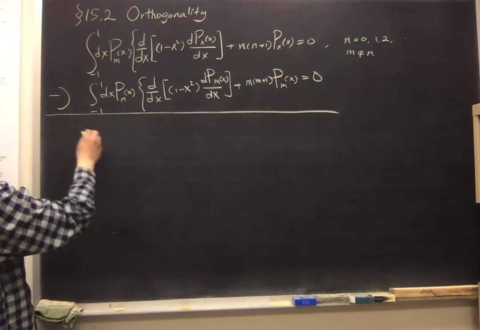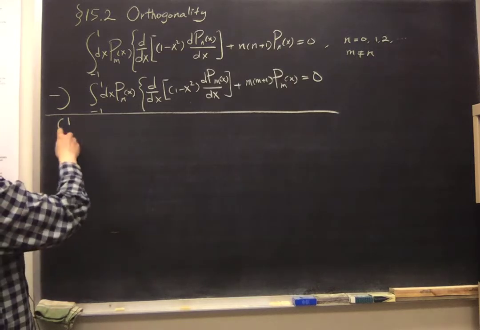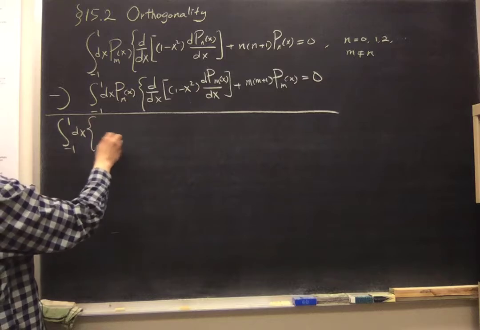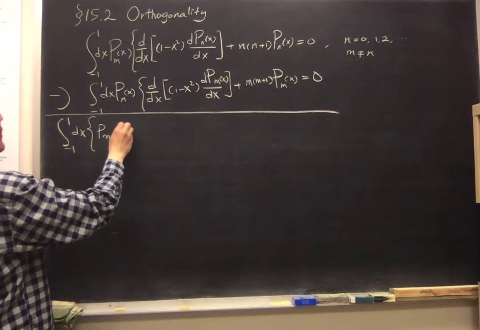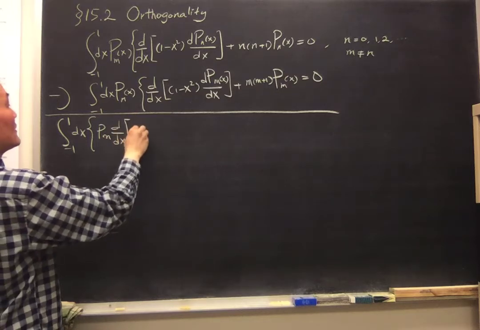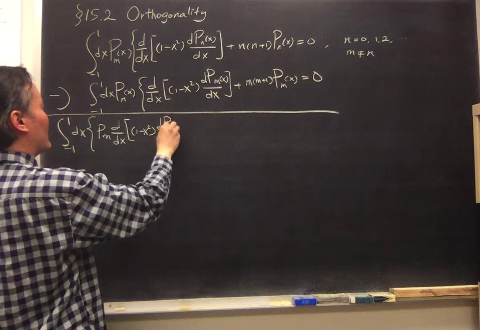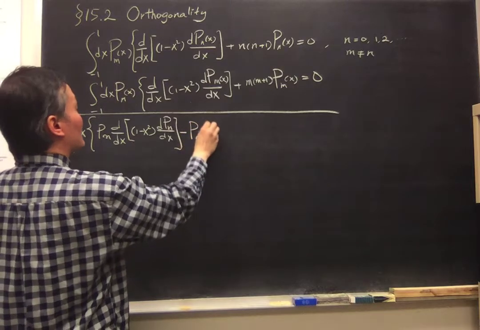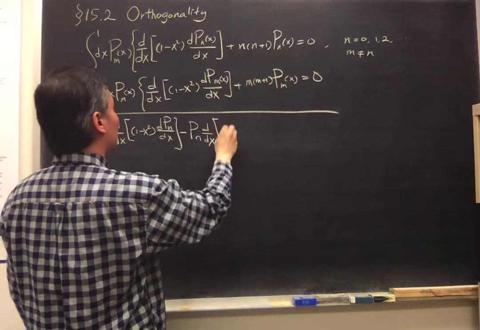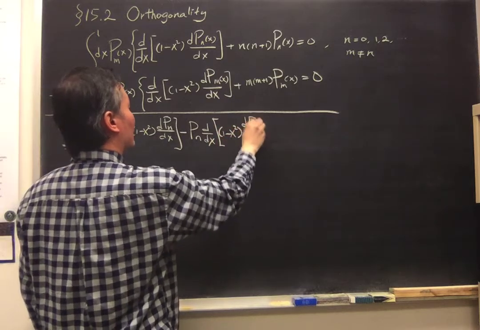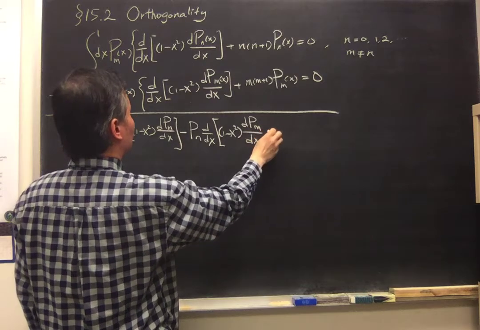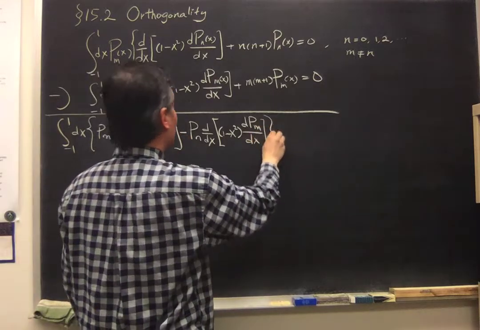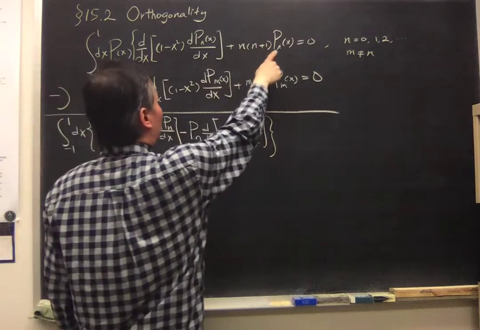We'll write it like this: integrate x from minus 1 to 1, and then you have P_m times d/dx of (1 minus x squared) dP_n/dx, minus P_n d/dx of (1 minus x squared) dP_m/dx. That's this minus that.